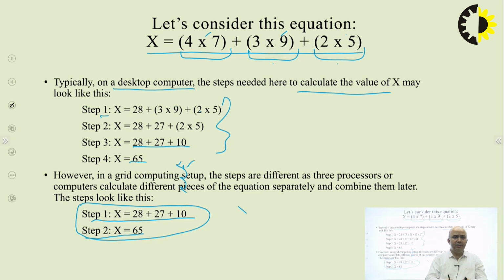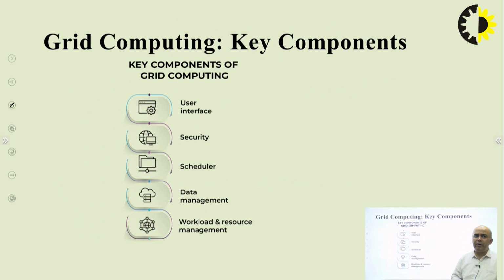After dividing, the subparts are given to the different computers, different nodes which are connected with each other in the network. They execute it in parallel, and after executing it, they send the output back to the main node. That main node will display the output to the users. This is how grid computing works.